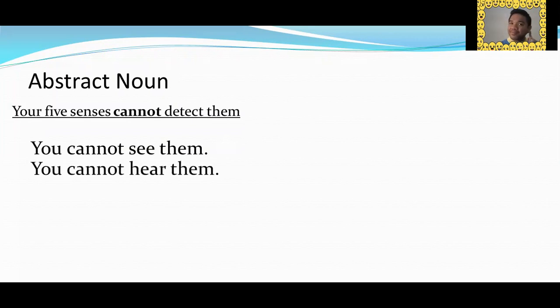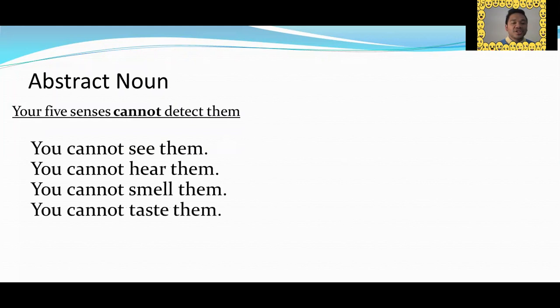Now, when we talk about abstract noun, you cannot see them, you cannot hear them, you cannot smell them, you cannot taste them. I forgot the taste, sense of taste. You cannot taste them, and most importantly, you cannot touch them. So that is what we call abstract noun. Your five senses cannot detect them.